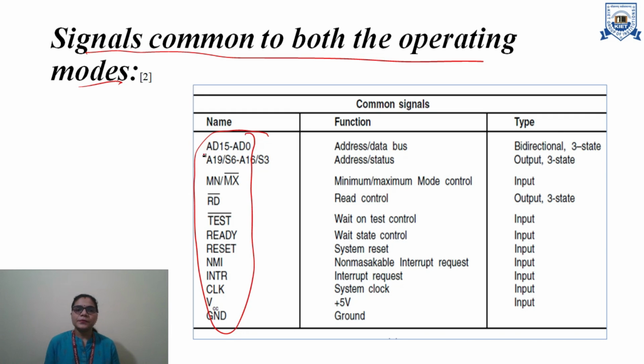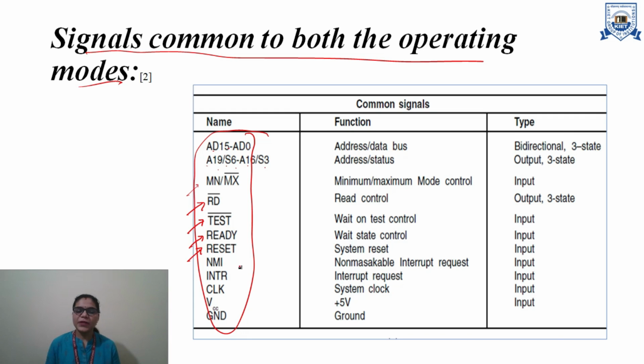These are multiplexed address and data buses AD0 to AD15, address buses A16 to A19 multiplexed with status pins S3 to S6, the mode pin to select minimum and maximum mode, read to define the read operation, test for the wait, ready to synchronize the slow devices, and the reset pin to reset the activity of the microprocessor.